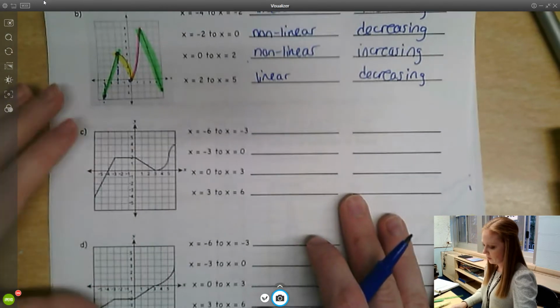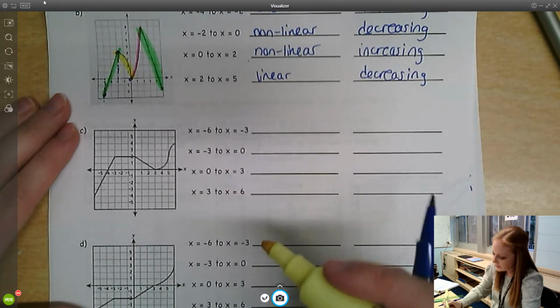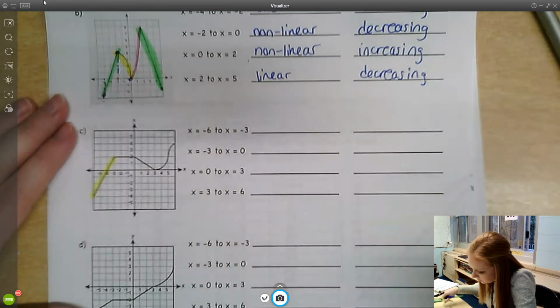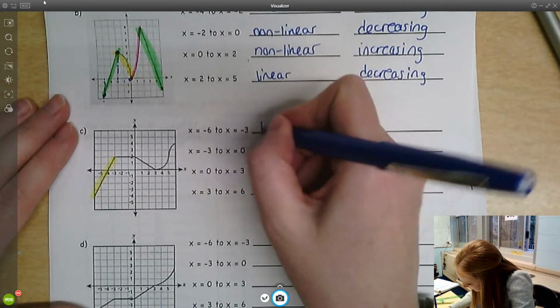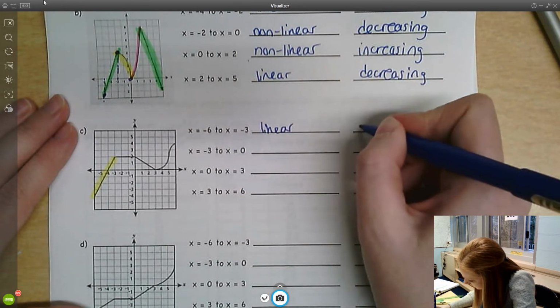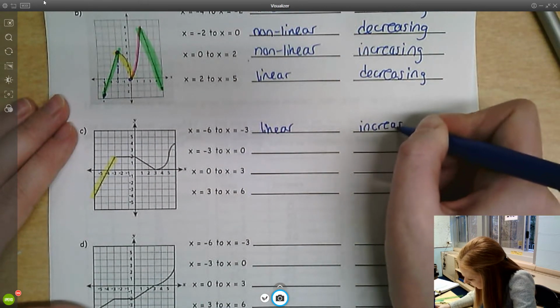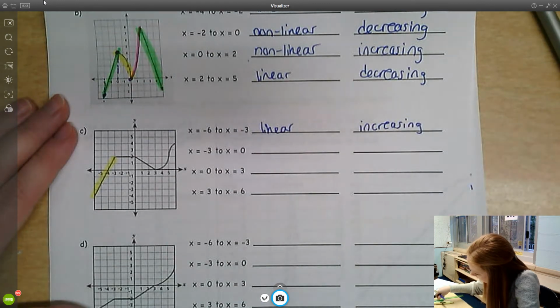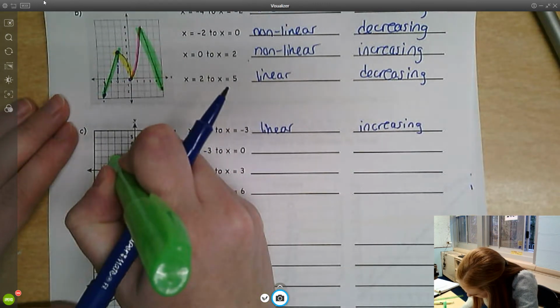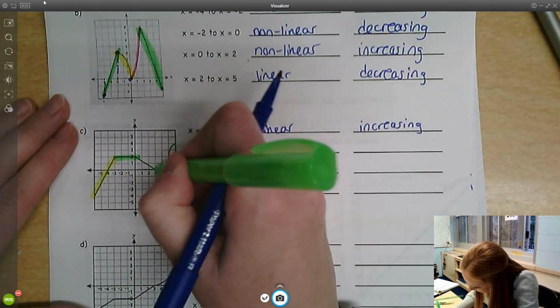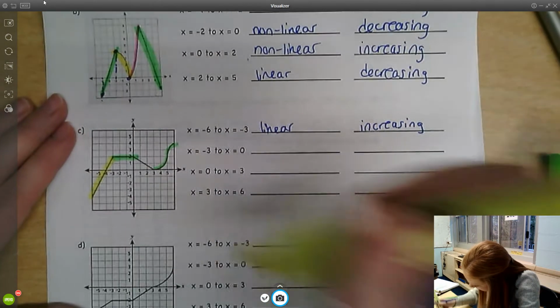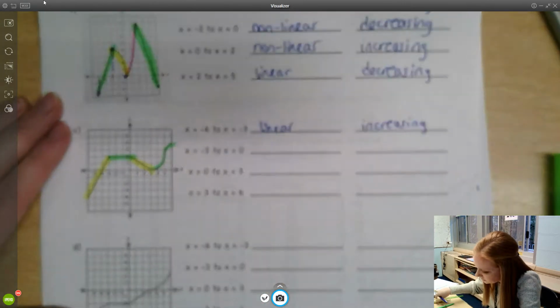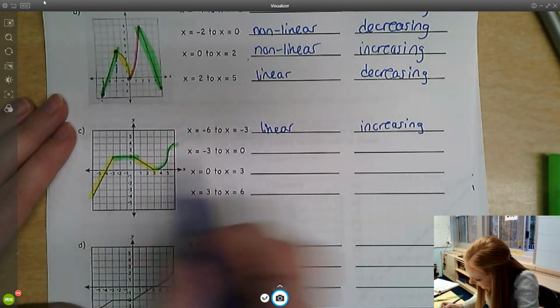All right, 2 more for C. From x equals -6 to x equals -3, that is a straight line. And it is going upward, so it is increasing. From x equals -3 to x equals 0, just while I have the highlighter, okay, so for this green one, x is -3 to x is 0.